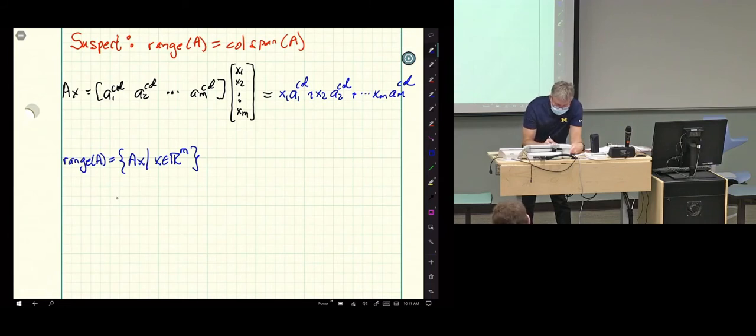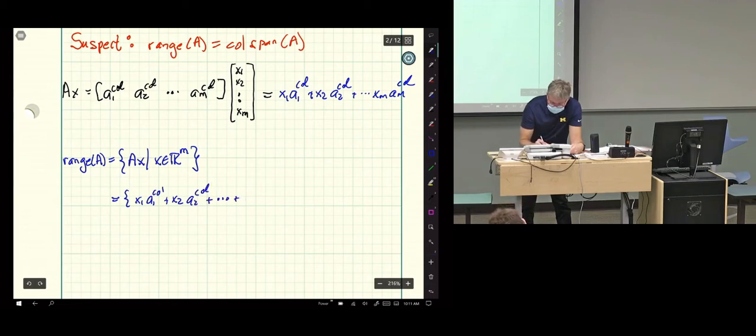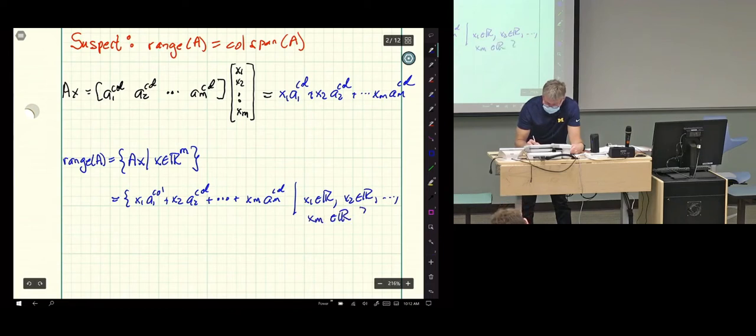And from the above, we see this is everything that looks like x1 a1 column plus x2 a2 column, dot, dot, dot, xm am column, such that x1 is a real number, x2 is a real number, xm is a real number. And I'll stop here and let you catch up.